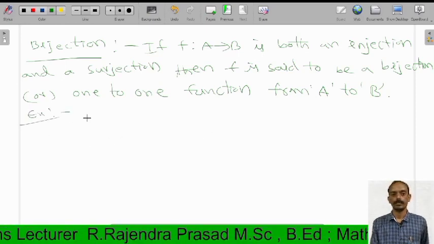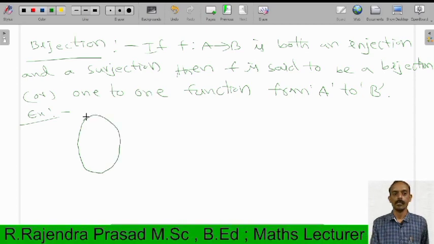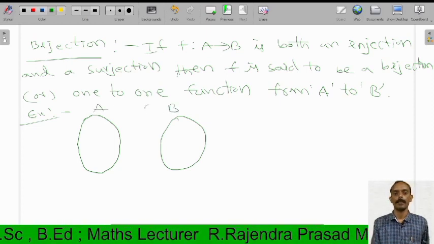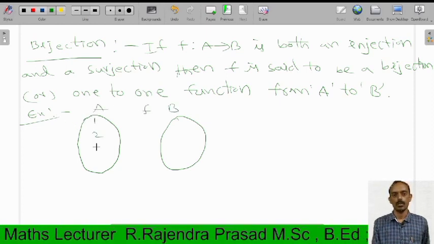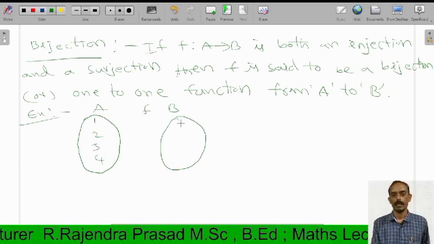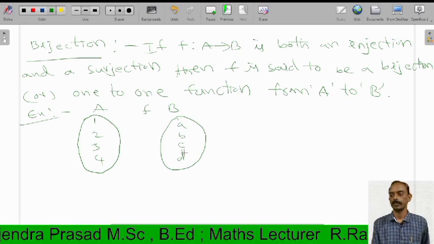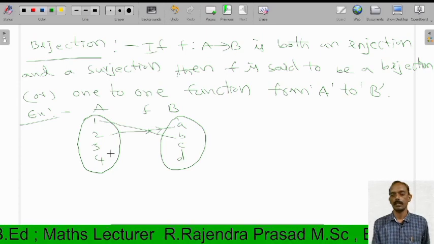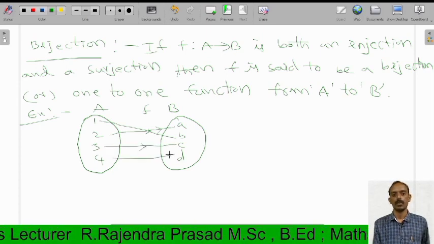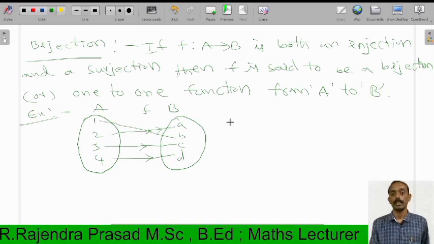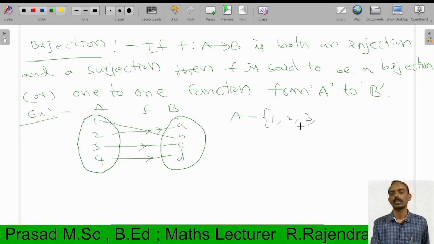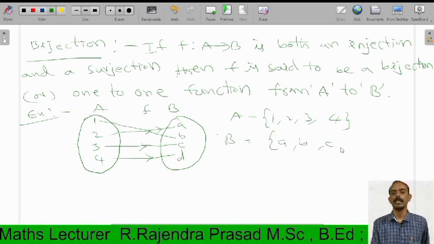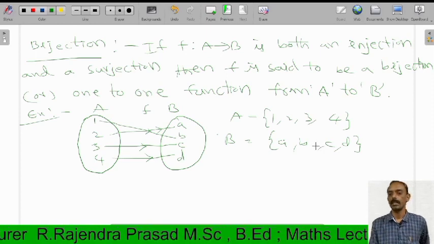For example, A, B, a function: 1, 2, 3, 4 and A, B, C, D. 1 to B, 2 to A, 3 to C, 4 to D. Here A equals {1, 2, 3, 4} and B equals {A, B, C, D}.